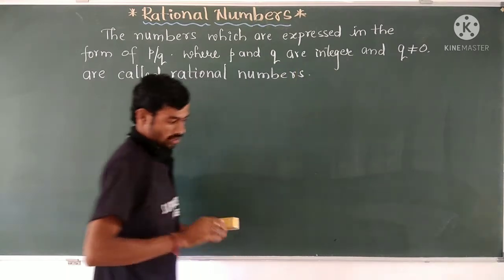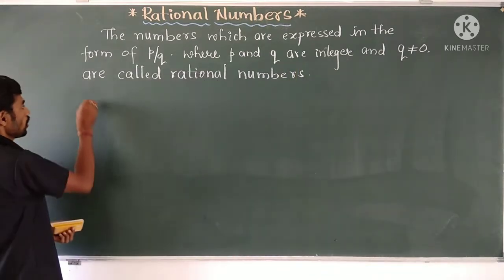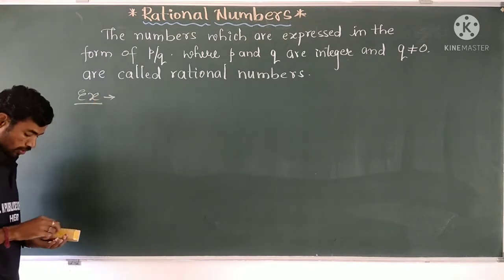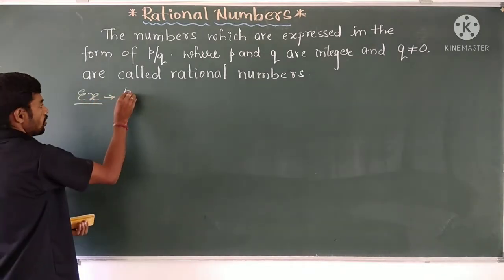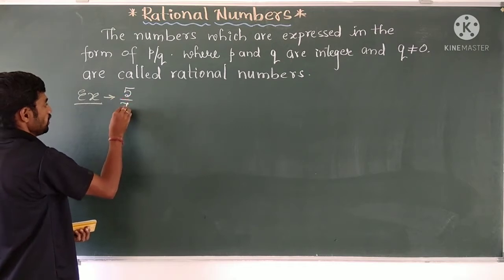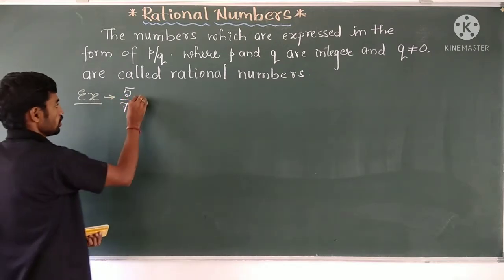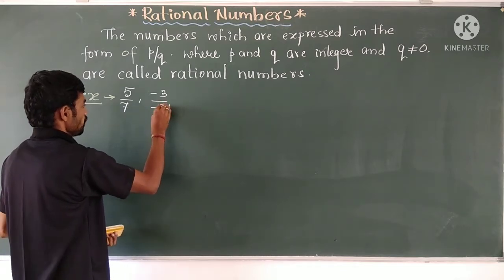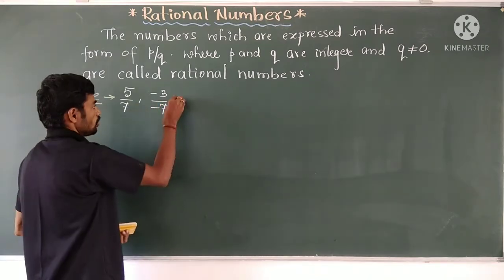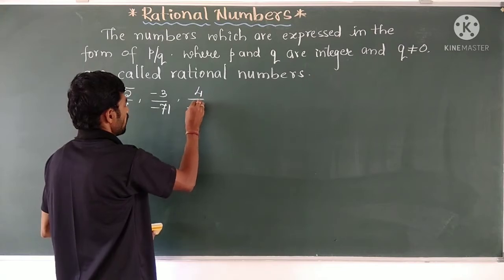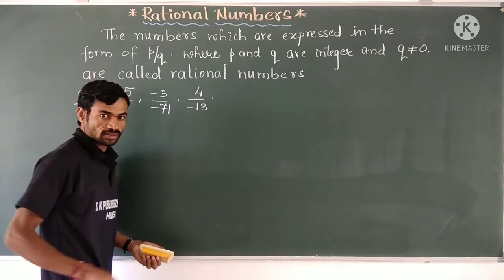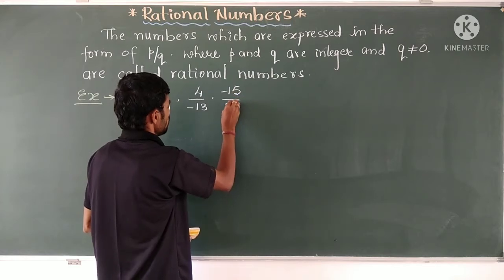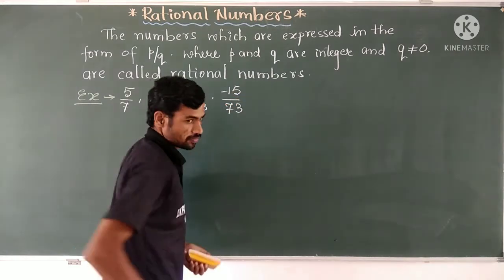Many examples we can give for rational numbers. Which are those? 5 by 7, minus 3 by minus 71, 4 by minus 13, minus 15 by 73.